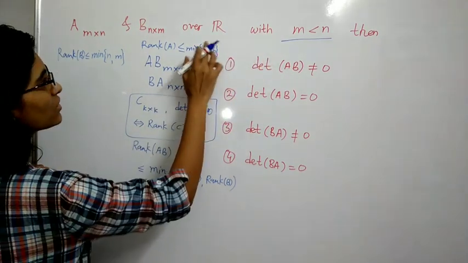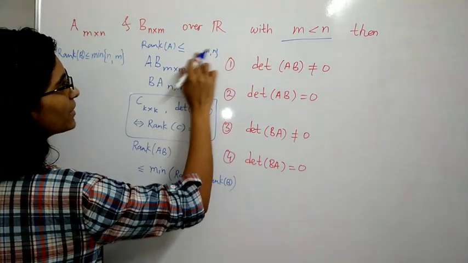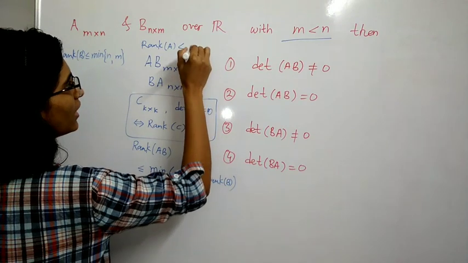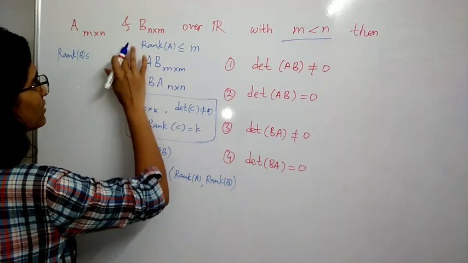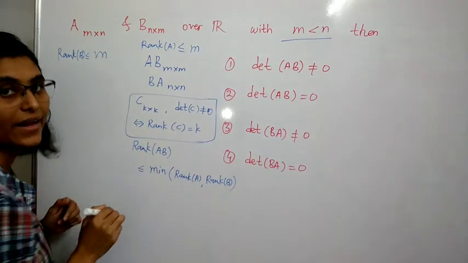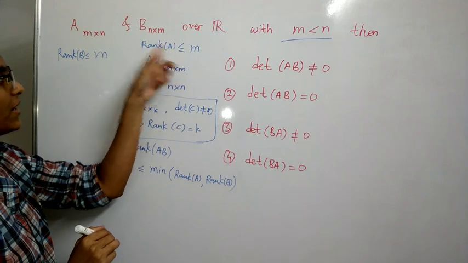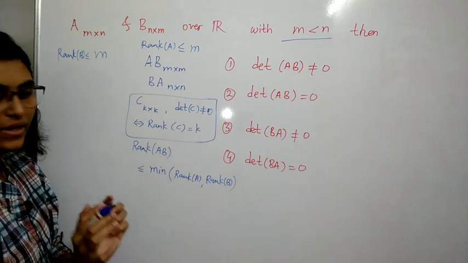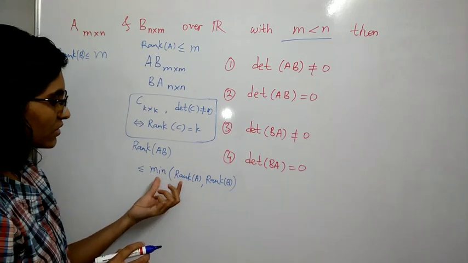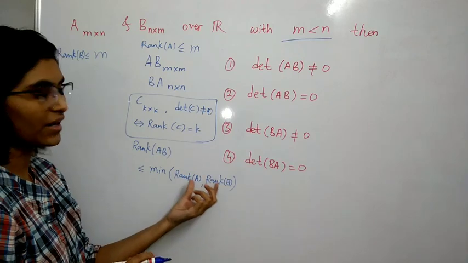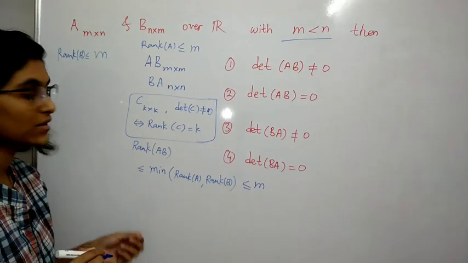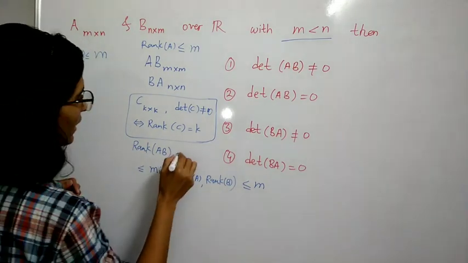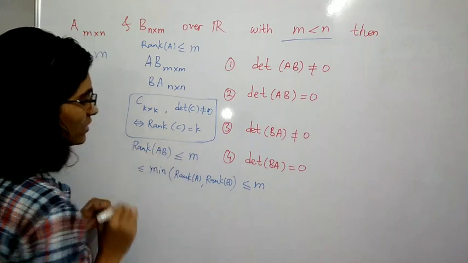Similarly, rank of B is less than or equal to m. Now rank of A and rank of B are both less than or equal to m, so the minimum of them is also less than or equal to m. So we have rank of AB is less than or equal to m.